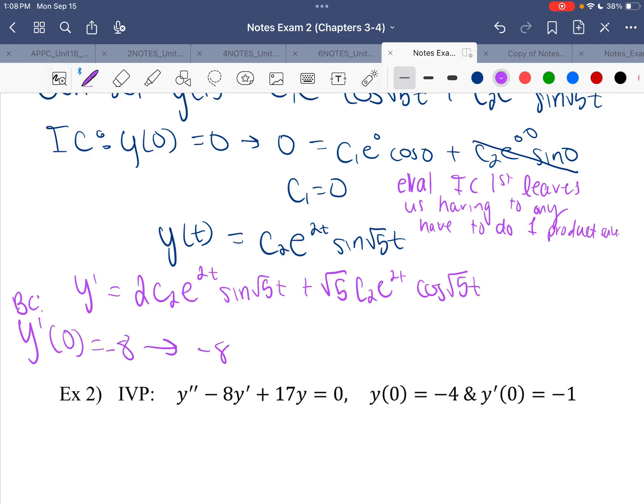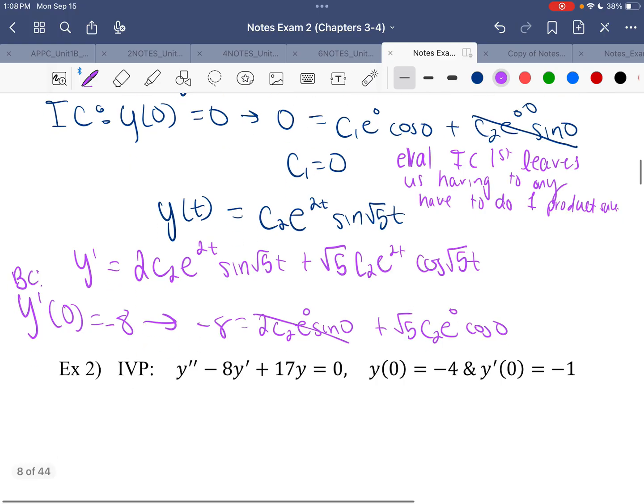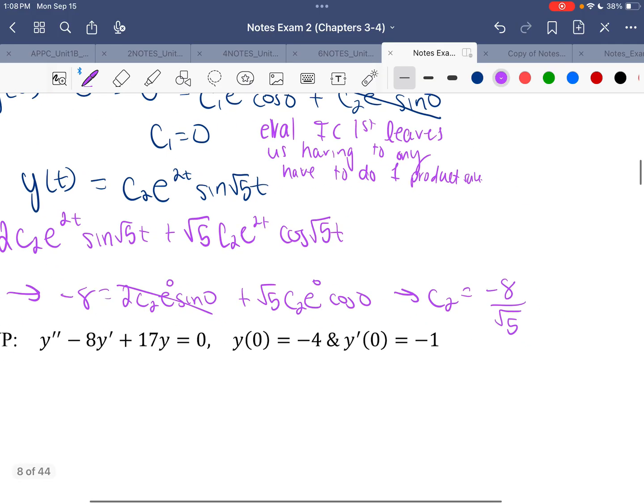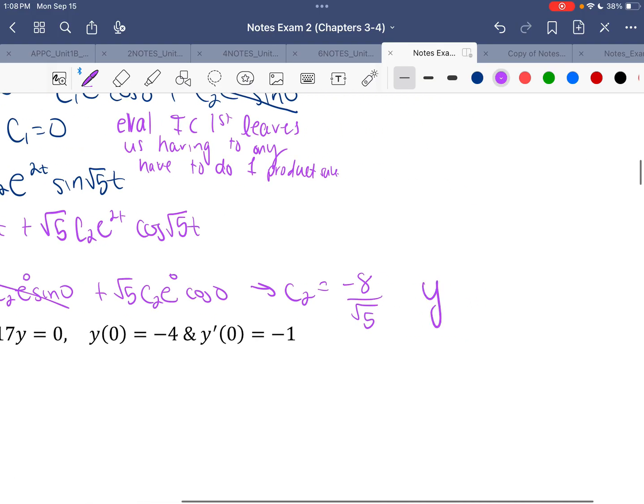So we got -8 is equal to 2c2 e to the 0 sine of 0, so that's 0, plus square root of 5 c2 e to the 0 cosine of 0. So it gives us c2 is equal to -8 over the square root of 5. So y of t is equal to -8 over the square root of 5 e to the 2t sine square root of 5t.